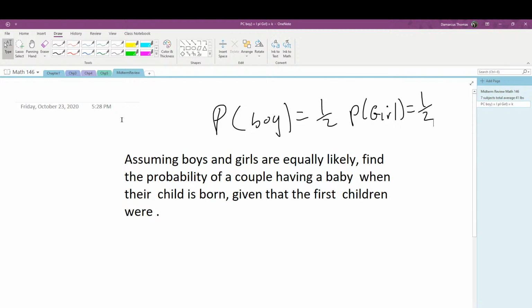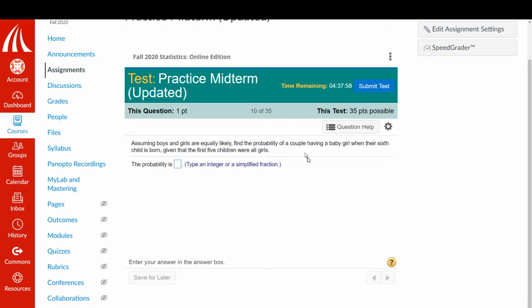Well, the probability of a couple having a baby is going to be 100%. What else could they have? Given that the first, oh, okay, maybe it didn't copy properly. So I'm going to check and see. Okay, a baby girl when their sixth child is born, given that the first 5 children were all girls. All right.